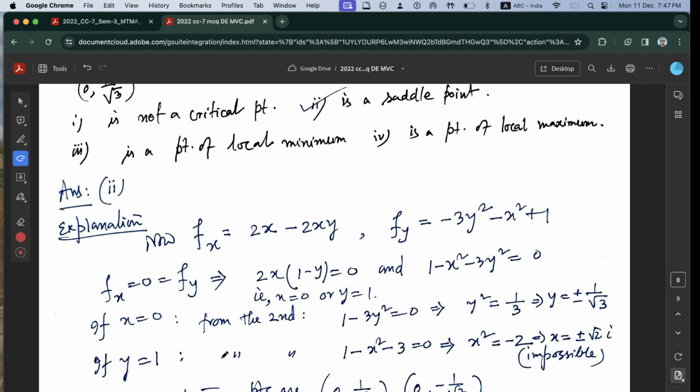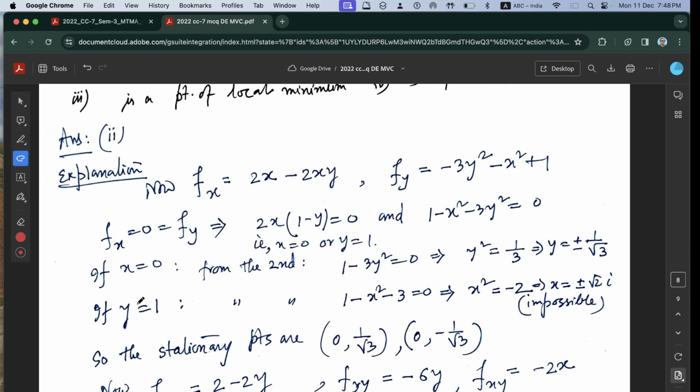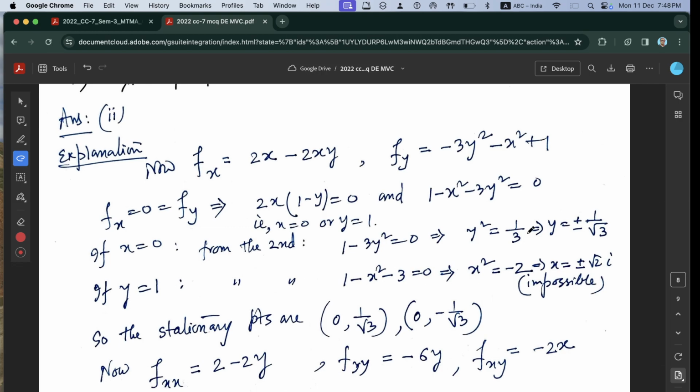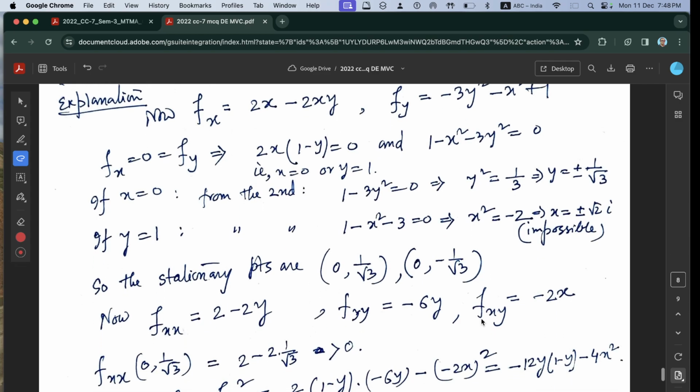And if y = 1, from the second equation, we get x² equal to a negative number, which is impossible. So the stationary points are (0, 1/√3) and (0, −1/√3). In the case y = 1, x is imaginary, so it is not accepted here.